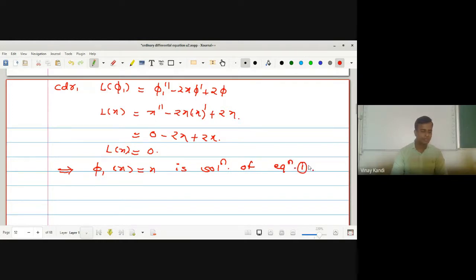Now we have to find phi 2. Phi 2 of x is nothing but u of x into phi 1 of x, which is equal to u of x into x.